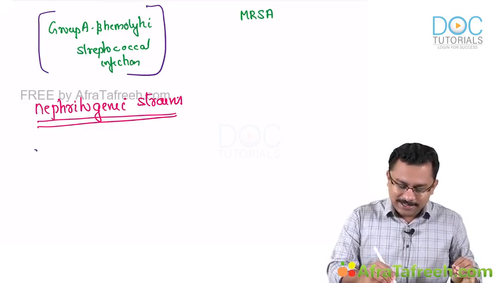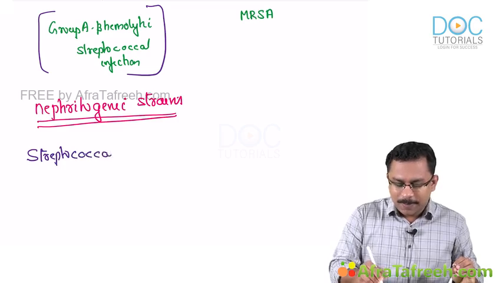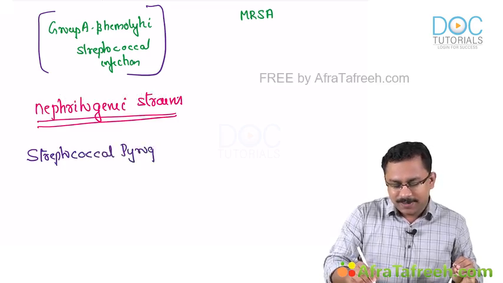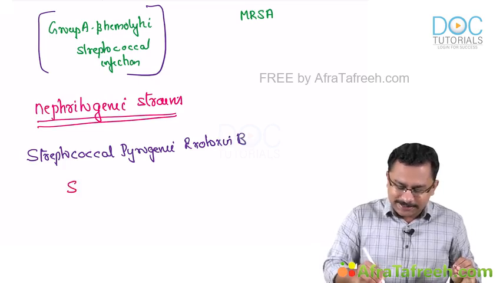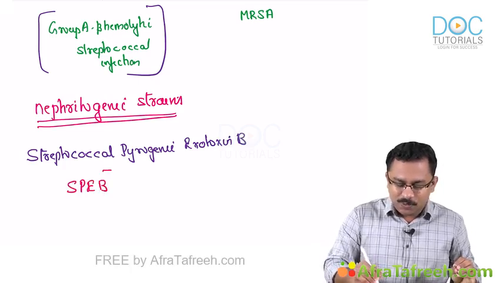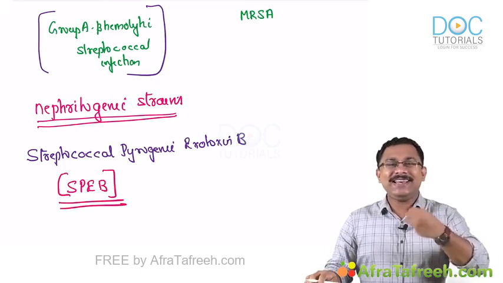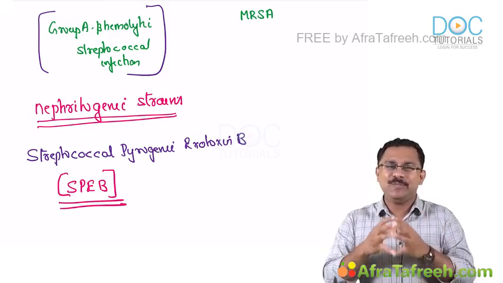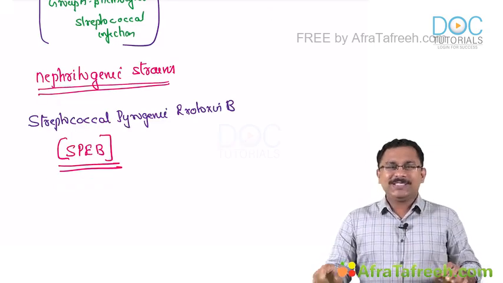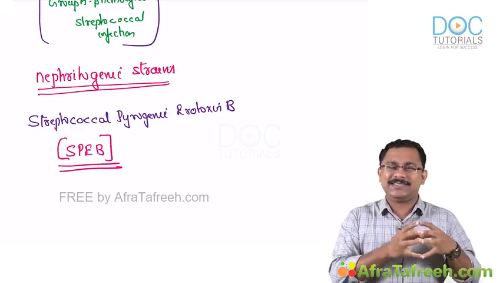The major antigen is the streptococcal pyrogenic exotoxin B, or SPEB. This is the main antigen that incites an immune response and subsequently leads to the formation of immune complexes. Since it is immune complex mediated, this is actually a type 3 hypersensitivity.